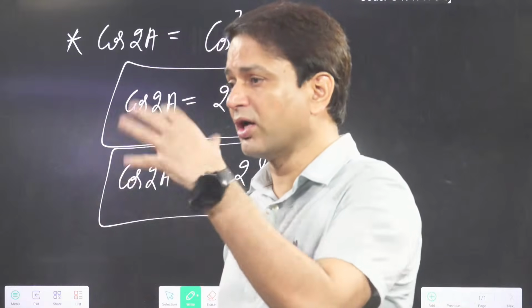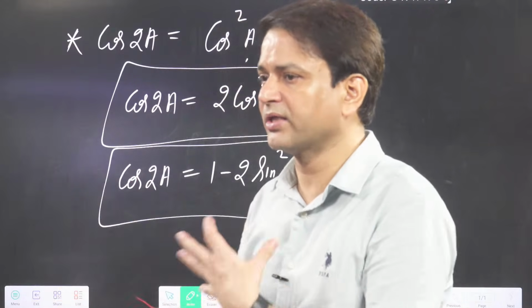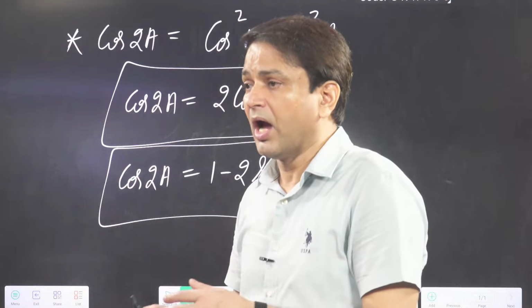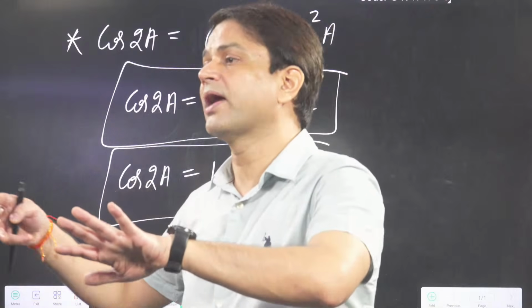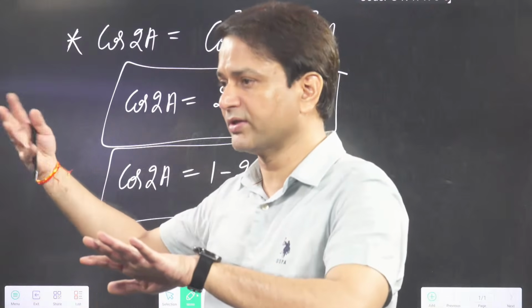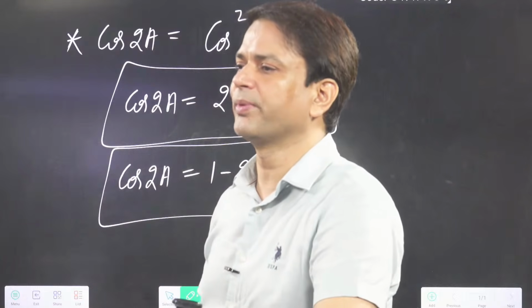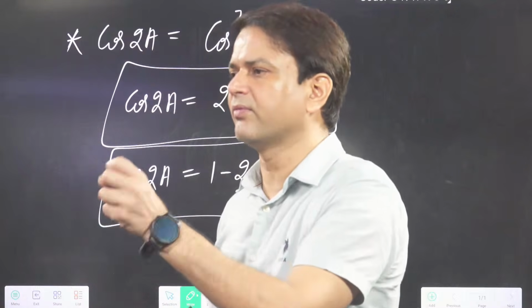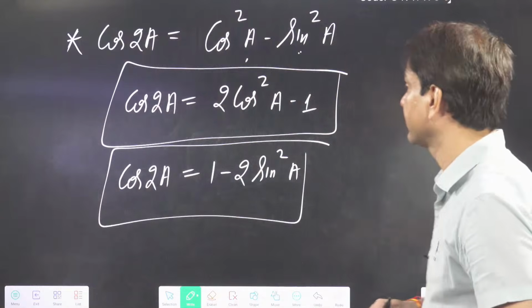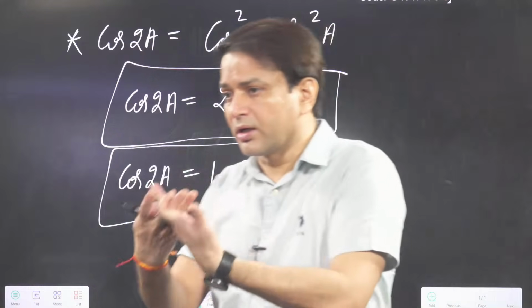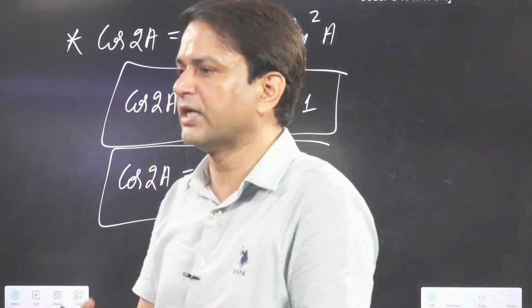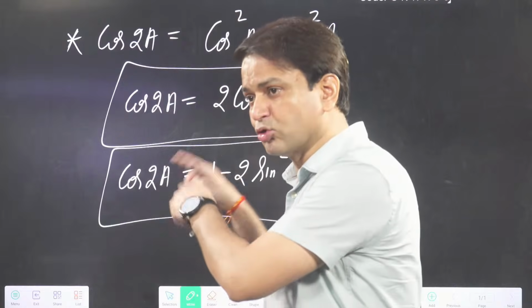So when cos square theta or cos square omega t is given and we want to remove the square, because to compare with the standard equation of SHM I have to remove the square. So suppose cos square omega t, sin square omega t, cos square theta, sin square theta is given. If you want to remove the square, then we will think of these two formulas.